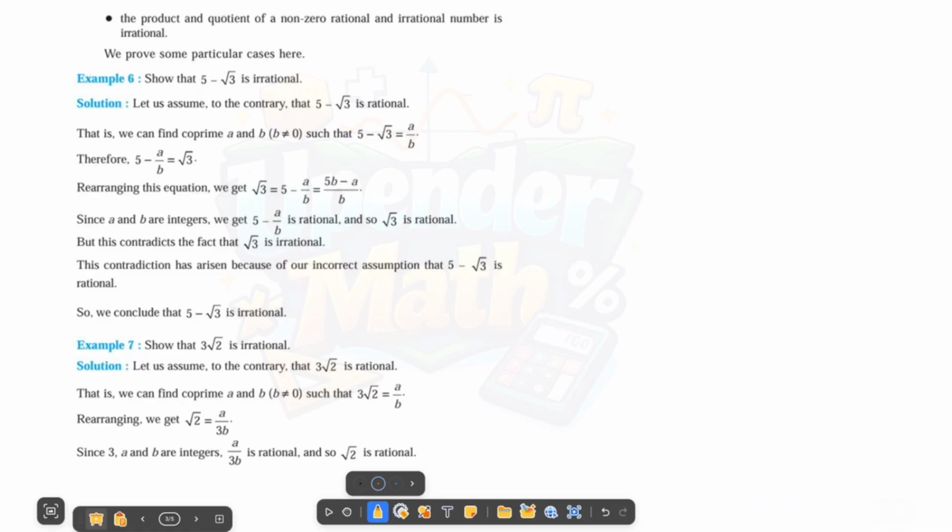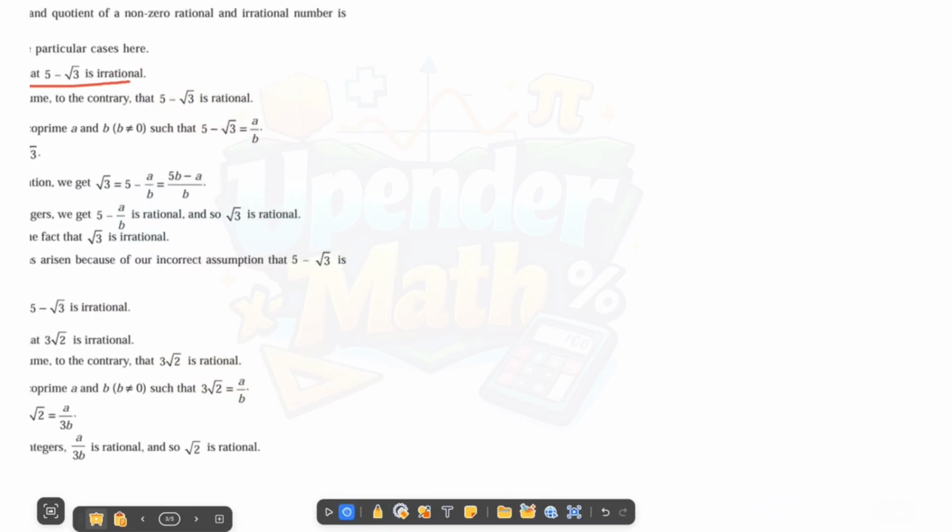Next, example 6. Show that 5 minus root 3 is an irrational number. So we have to prove that 5 minus root 3 is an irrational number. So 5 minus root 3, right?